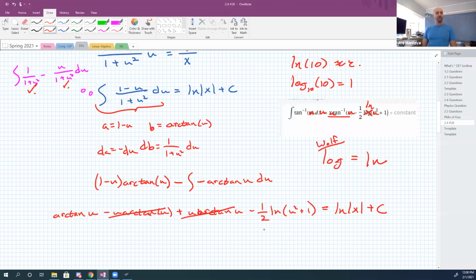And then here, let's see, they wanted me to solve a differential equation, right? Have I done that? So here's what I got at the end. I got arctangent of u minus 1/2 natural log of u squared plus 1 equals natural log of the absolute value of x plus constant.